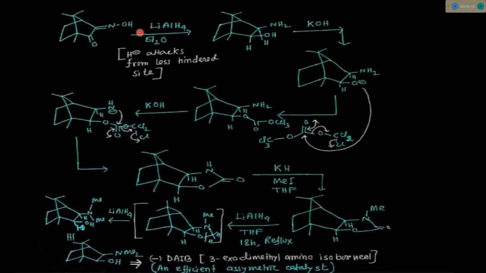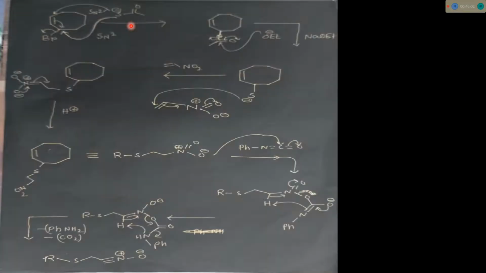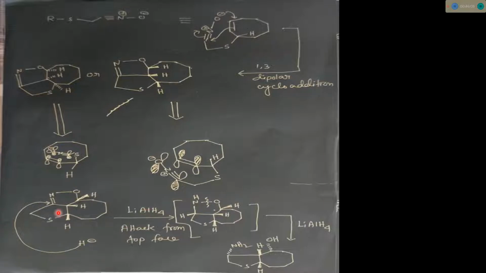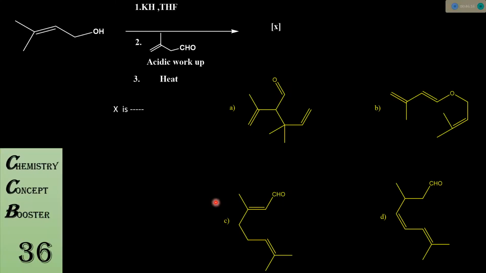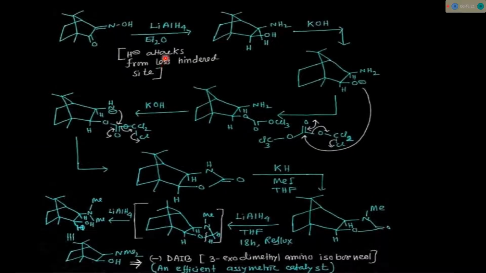Second, it will attack this imine carbon to form NH, and OH should be there. Lithium aluminum hydride attacks the imine carbon and it becomes N-O. Again lithium aluminum hydride does another work, that is N-O bond breaking to form NH and OH. In this first step only, lithium aluminum hydride performs three works. One is reduction of carbonyl to alcohol, obviously H minus attacking from the below side.